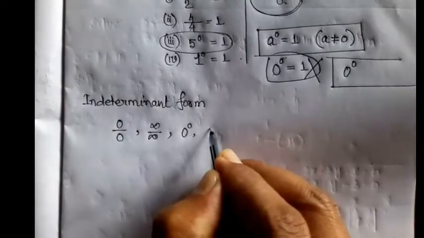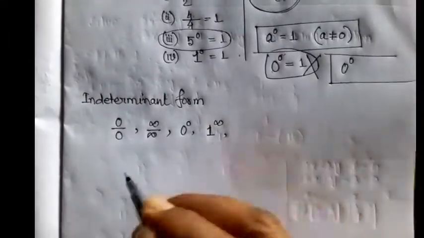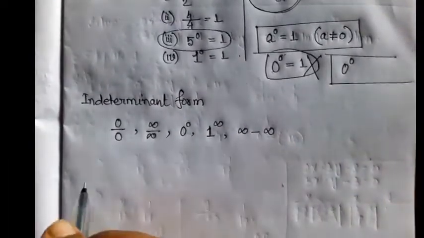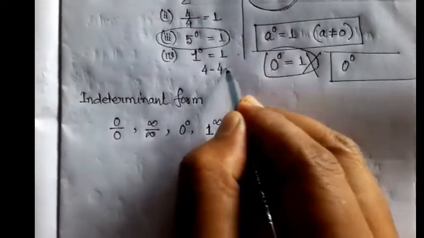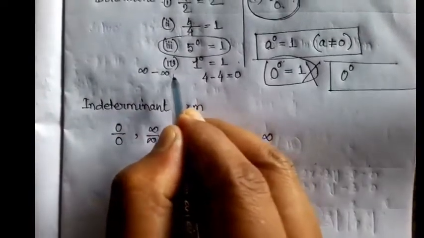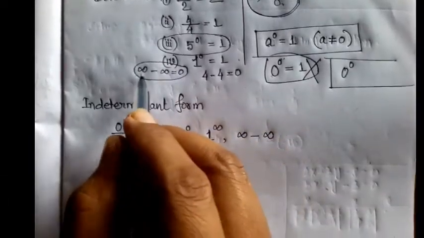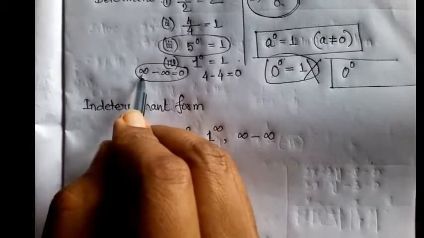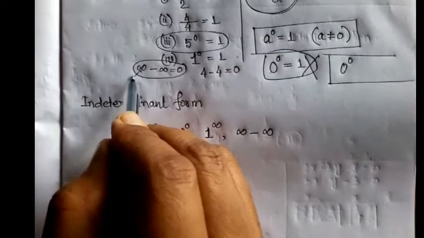Now 1 to the power infinity is also another indeterminate form. Infinity minus infinity is an indeterminate form. Suppose I am giving you 4 minus 4, then easily you can say that 4 minus 4 will be 0. But for infinity minus infinity, you can't say that it equals 0. This is the wrong information. Why? Since infinity is not a number, how can you calculate infinity minus infinity?